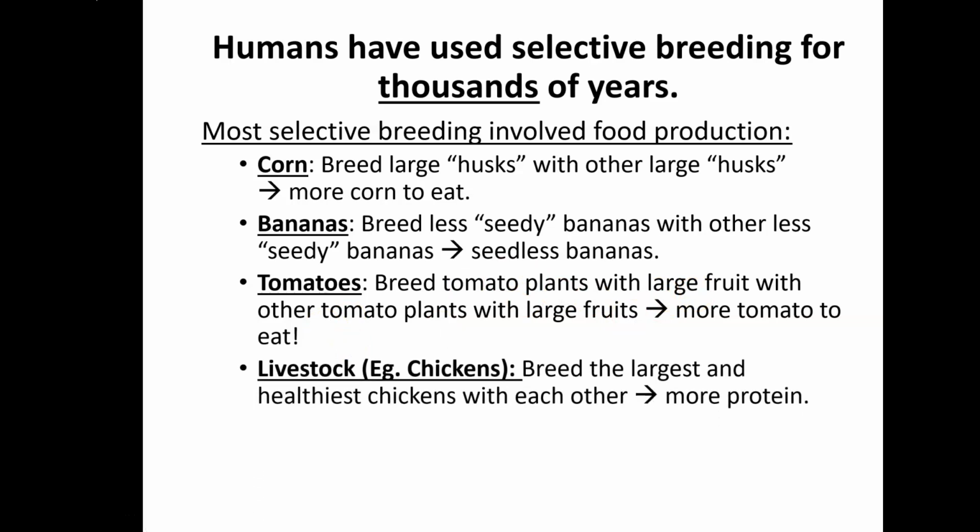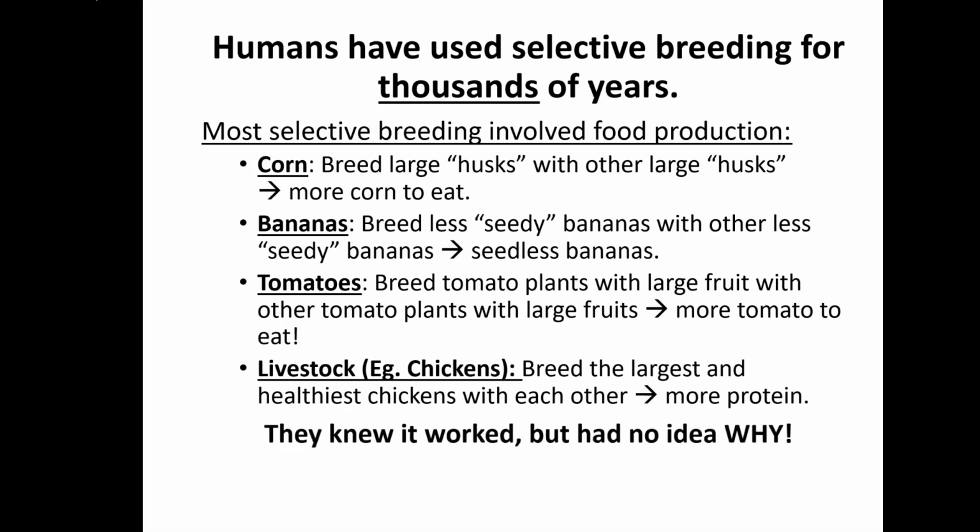Livestock as well. In the chicken industry, the largest chickens have been crossed with other healthiest, largest chickens, and you basically get more protein that way. You're able to increase the productivity that way.